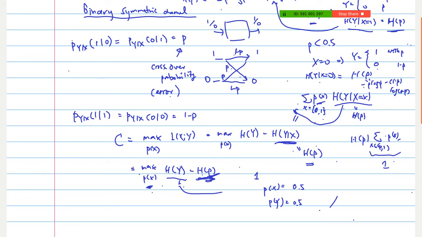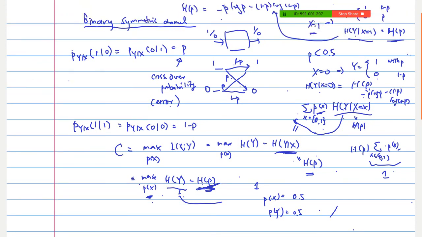So in that case, H(Y) is just equal to 1, and therefore the maximized value is 1. The capacity is equal to 1 minus H(p).